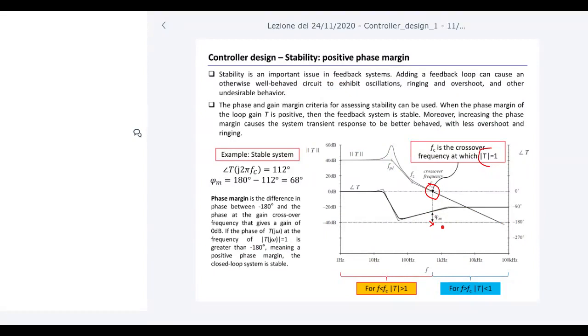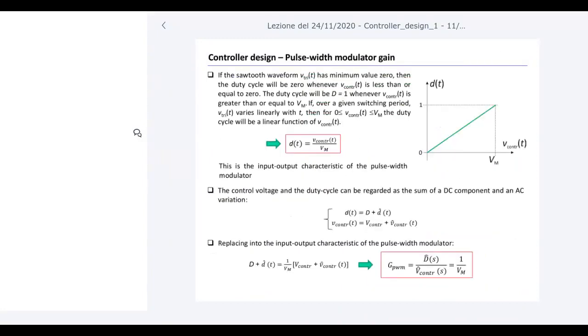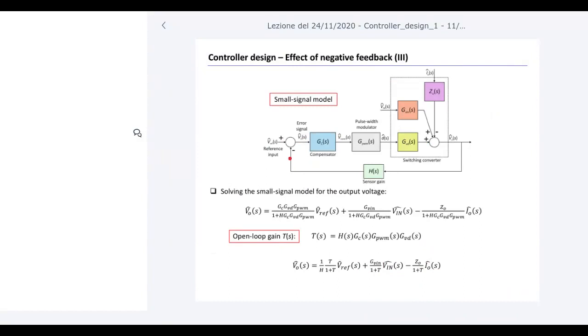Because in that situation, your output voltage is not subtracted at the comparator here, but comes out with a reversed sign, and so you get here the plus sign.